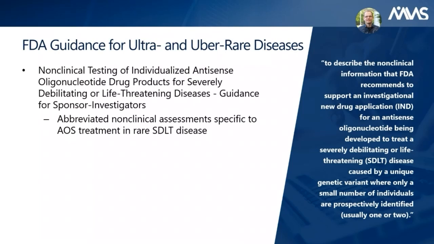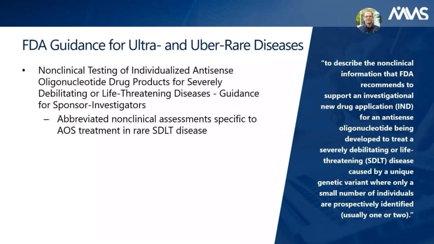The guidance itself states that it is not intended to address non-clinical testing for commercial development of oligonucleotides and ends by clarifying that expansion to a larger population or an intent to commercialize a treatment would typically warrant additional studies.